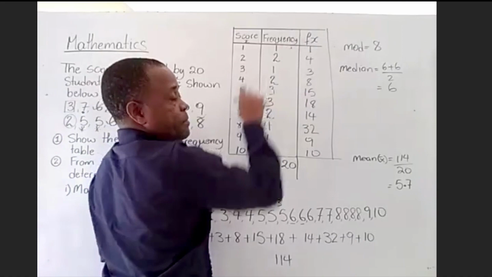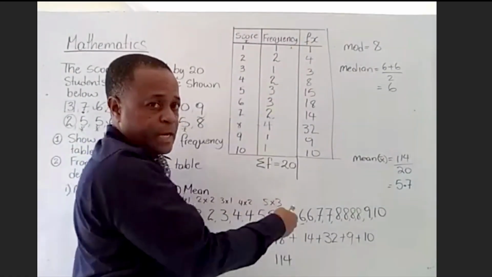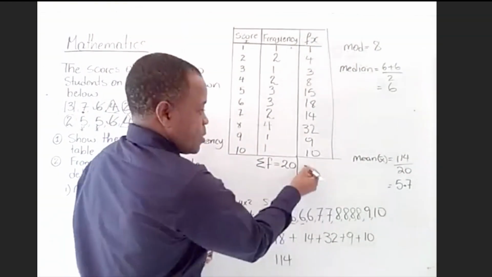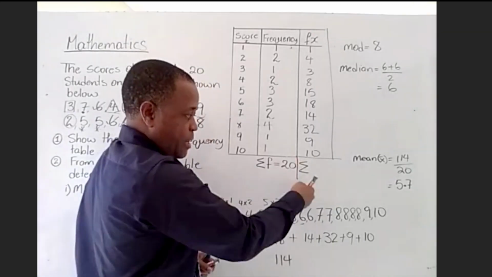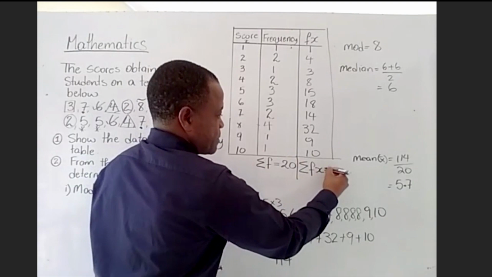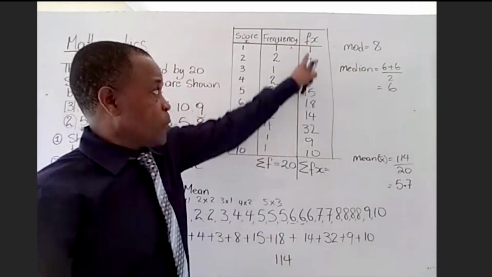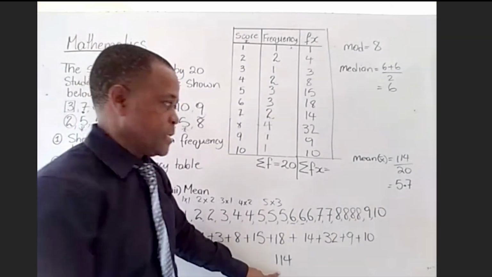Yes, we call them our FX values. Therefore, since we're going to add them, we use the summation symbol, the sum of, so it becomes the sum of FX. When we add them up, we get 114.